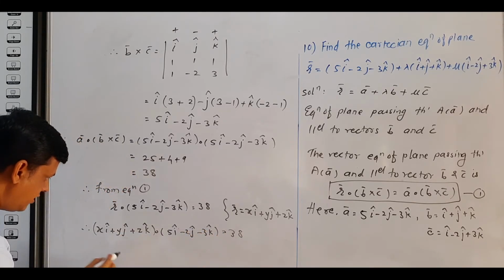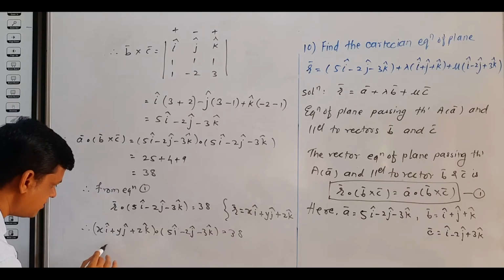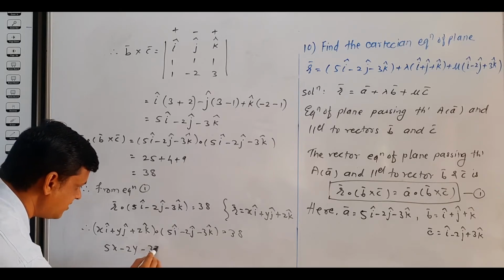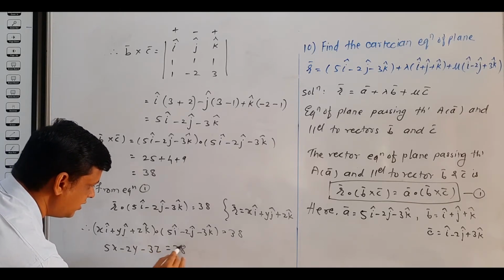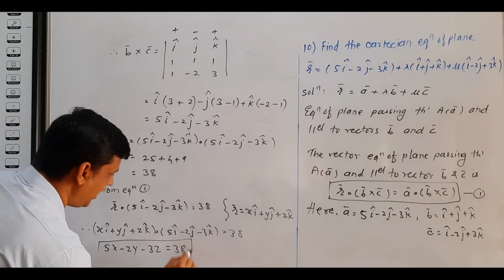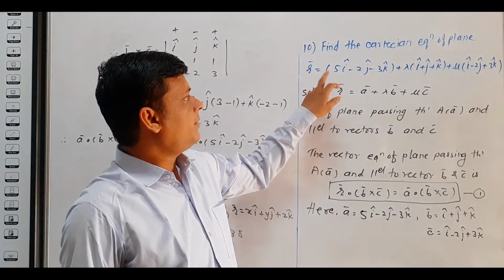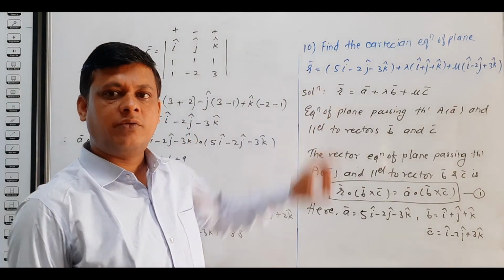So we get the Cartesian equation as 5x minus 2y minus 3z is equal to 38. This is the required Cartesian equation of the plane for this given plane.